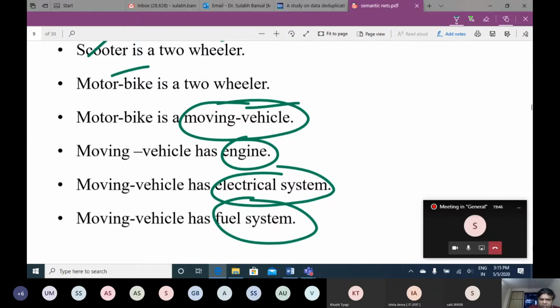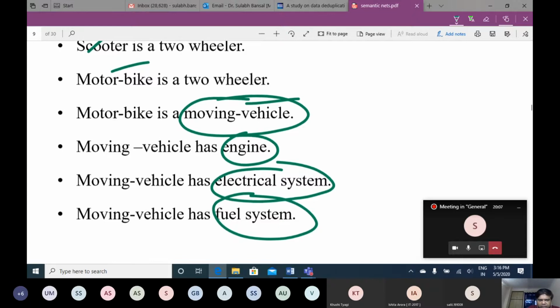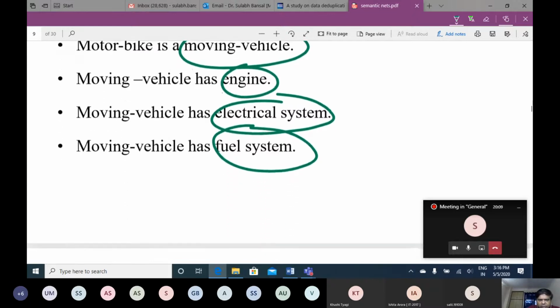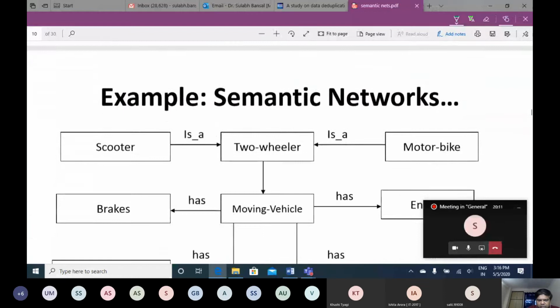As soon as you identify nodes, you also identify the relation between them based on the sentences. Scooter is a two-wheeler. Two-wheeler is a node, scooter is a node, so an is-a relation will be there. They are simple, directly mentioning the property and relation itself.